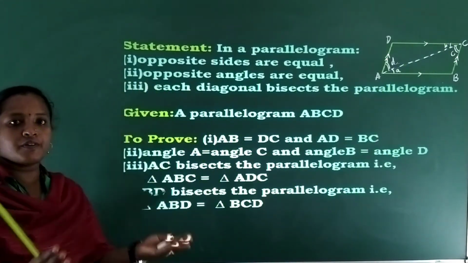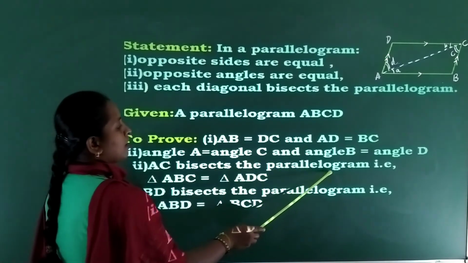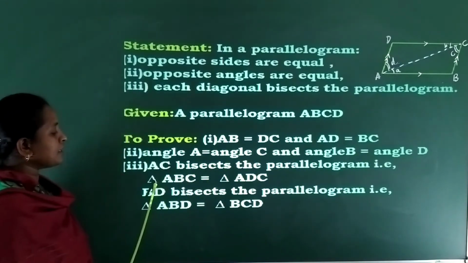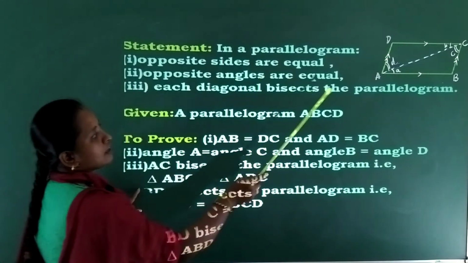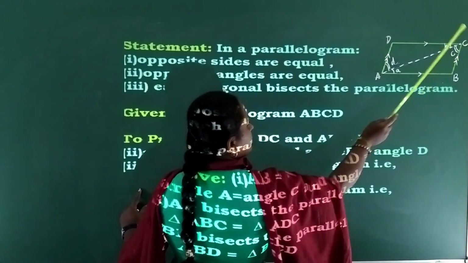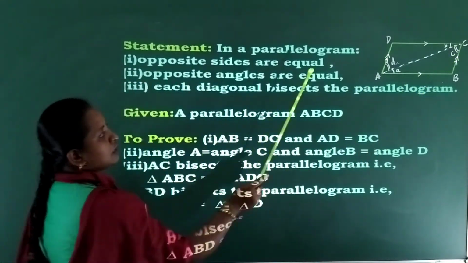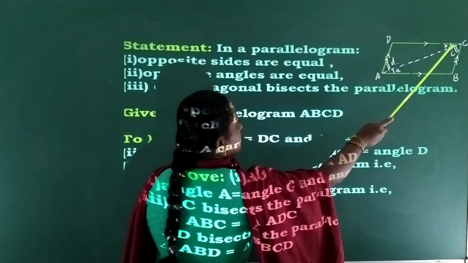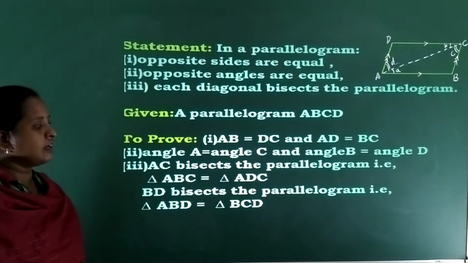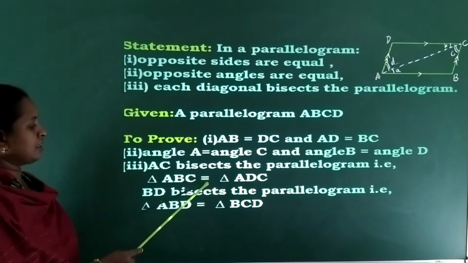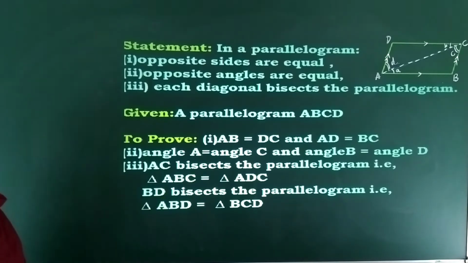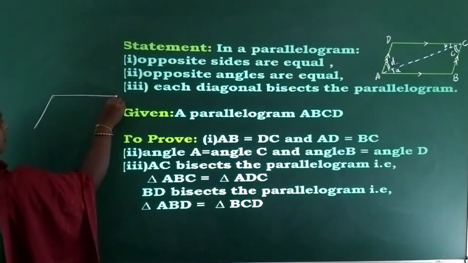Bisects means dividing the parallelogram; how many triangles are created? Triangle ABC is equal to triangle ADC. Correct, children? I hope you have understood. Next, BD bisects. Just I draw here only for your sake, children.